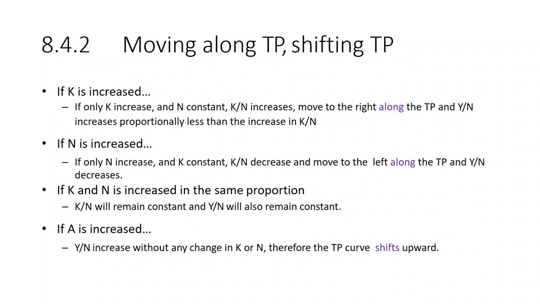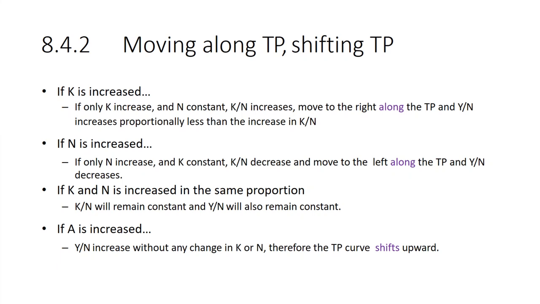If capital increases and labor remains constant, that means our capital-labor ratio will increase, and we will have a move along the total production curve to the right, which will also result in an increase in your income per person, or your GDP per capita.